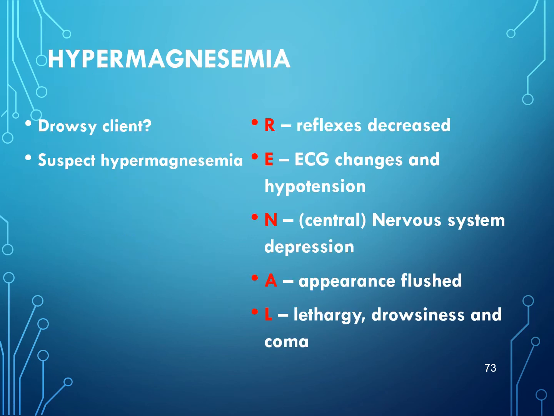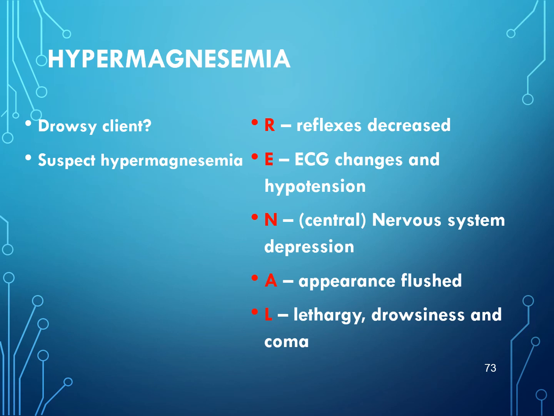Okay, so what are some of our signs and symptoms? Well, if you have a drowsy client, you're going to suspect hypermagnesemia. Excessive levels depress the central nervous system, and with levels greater than 10, the respiratory center is depressed. So think renal because normally we can excrete it. Reflexes are going to be decreased.